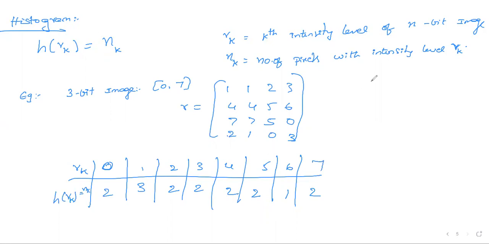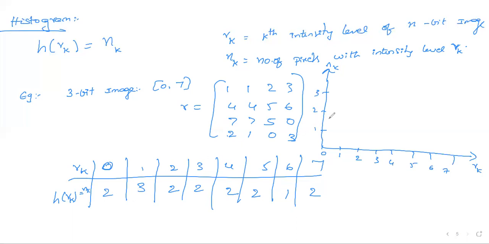Now you have to plot the histogram. 0, 1, 2, 3, 4, 5, 6, 7. This is rk and this is nk. So here the maximum value is 3.